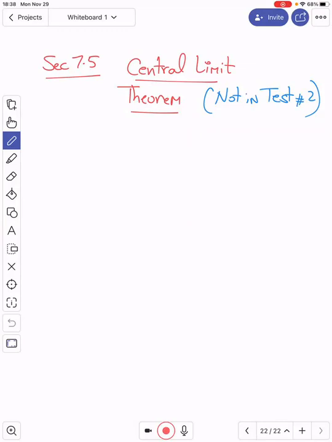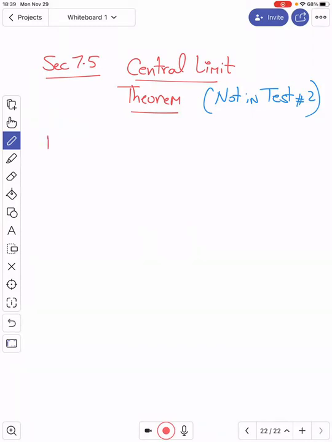In the first theorem, our variable is normally distributed. In the second theorem, the variable x is not necessarily normally distributed. But anyway, you'll see why this normal distribution is so important.